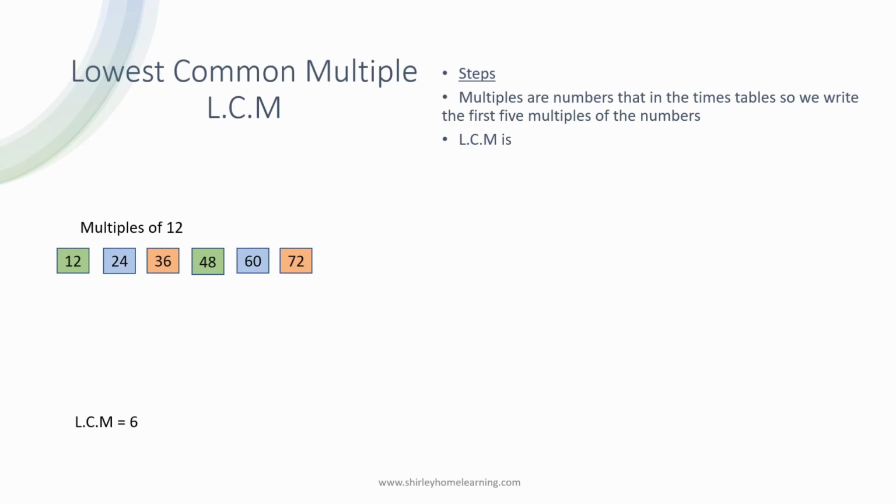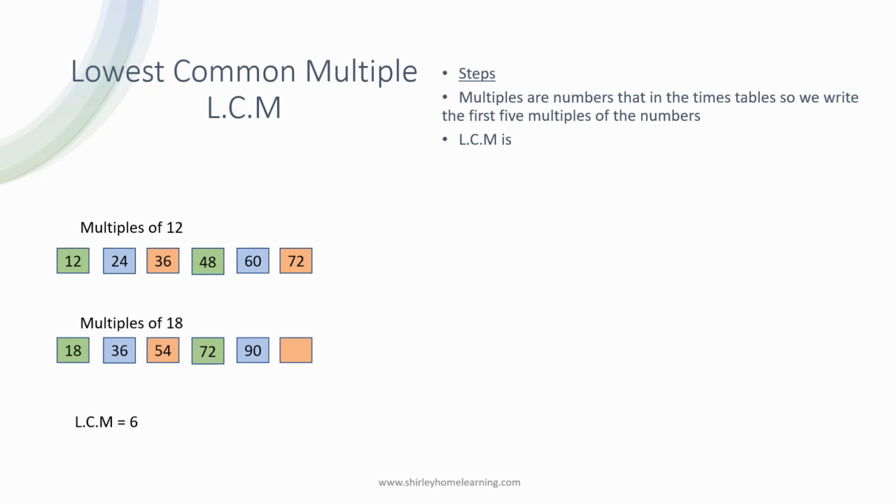Now the next number I'm thinking of is 18. So I'm going to write down the multiples of 18 as well. I've got 18, 36, 54, 72, 90. But I've just written the first 5. I don't need to write that many because if you look at it, what is the lowest common multiple?